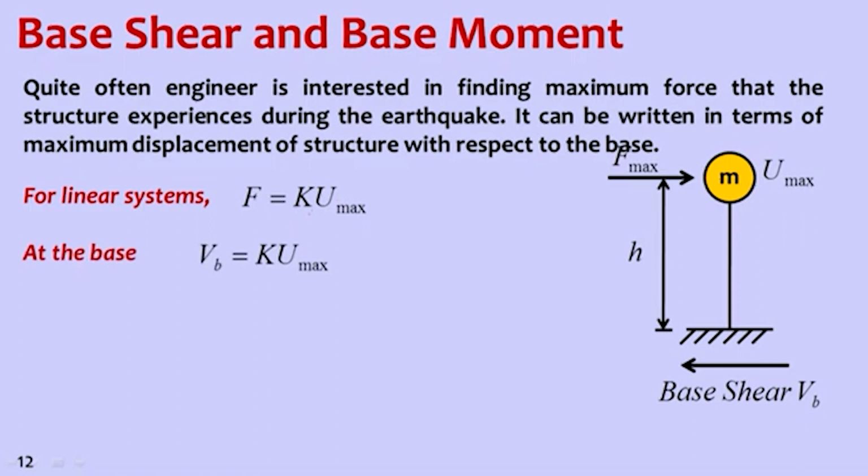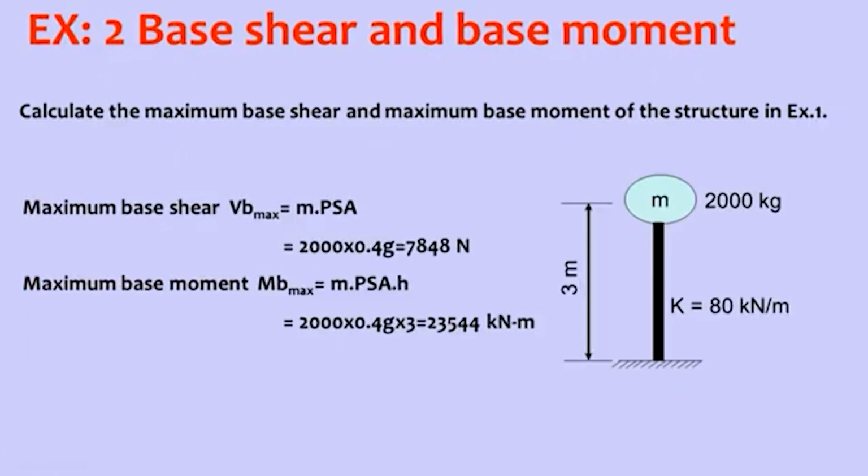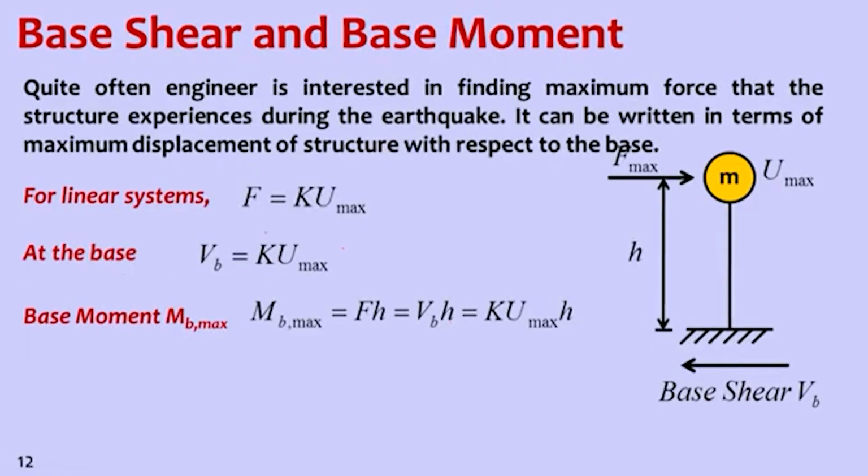So at the base, VB, the base shear, is equal to K into U max. And then the base moment MB is equal to force into lever arm, that is VB into H. Hence we can write this directly as K multiplied by spectral displacement, multiplied by H.